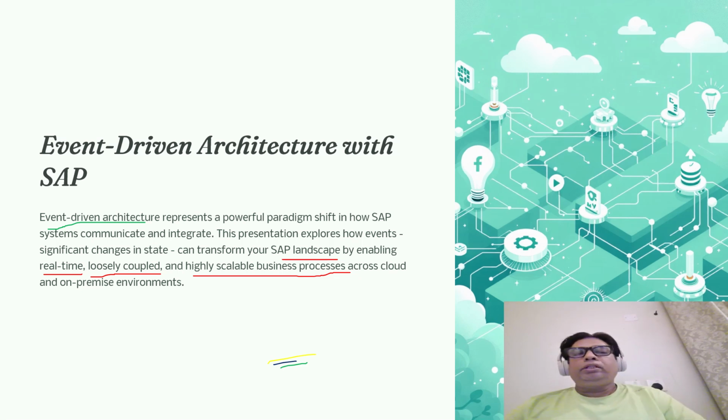The other is the advanced event mesh, which is utilized for multiple consumers. I will explain it with a general real-life example, and we can understand the advanced event mesh in the next slide.